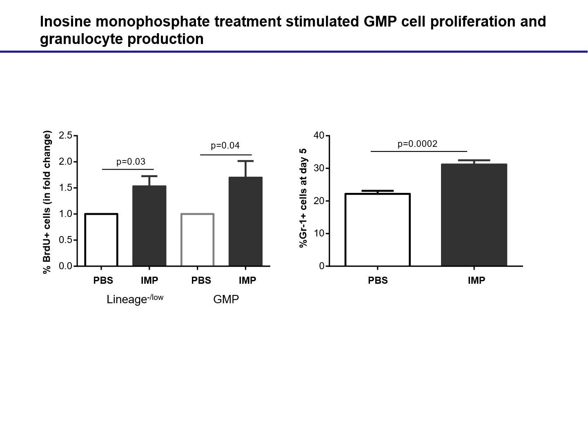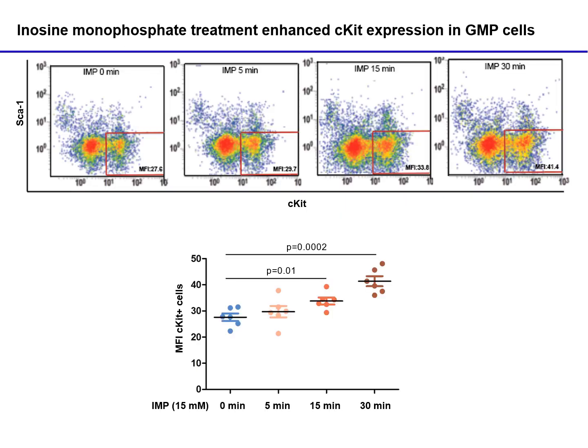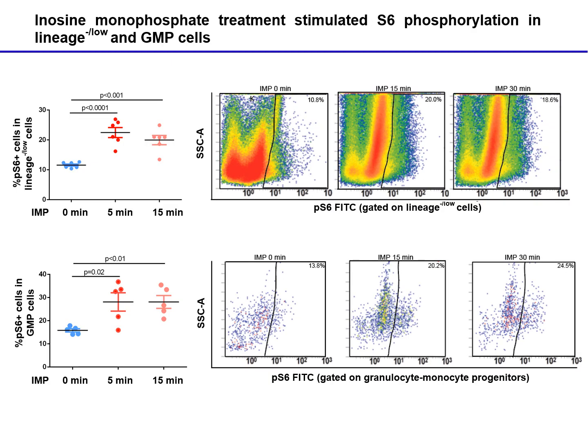When cells were cultured for 5 days, FACS analysis further showed AMP treatment increased granulocyte production at the end. By FACS analysis, we showed inosine monophosphate treatment enhanced c-Kit turnover, this transient turnover in GMP cells.